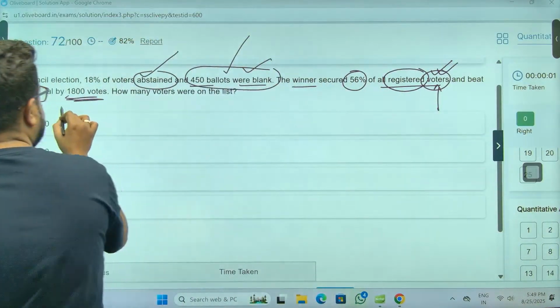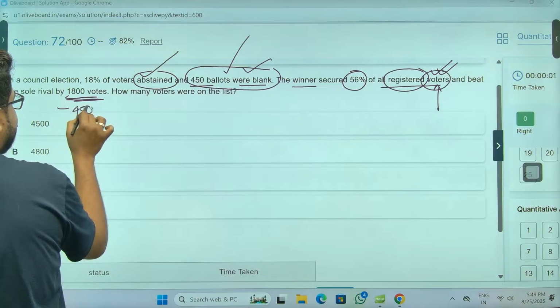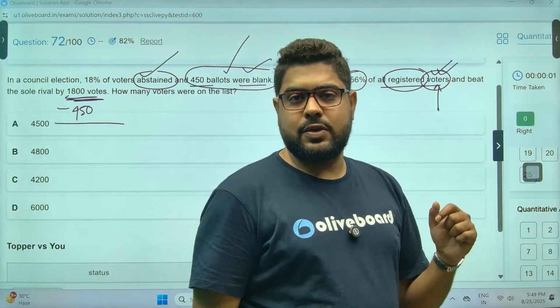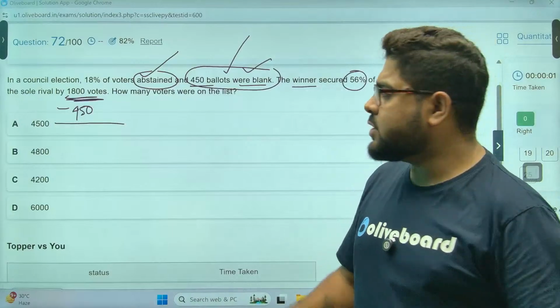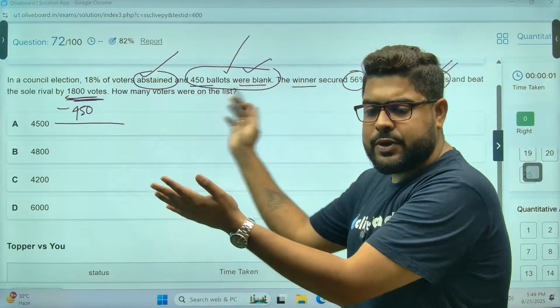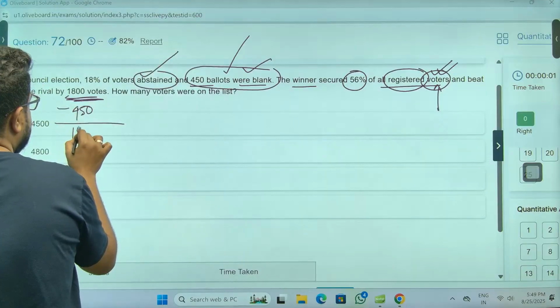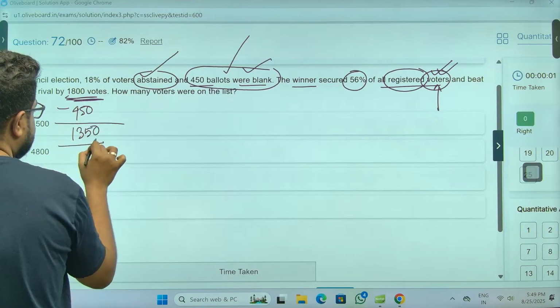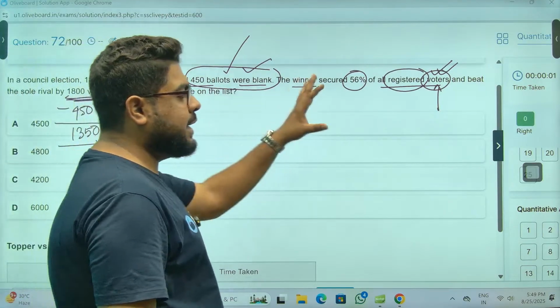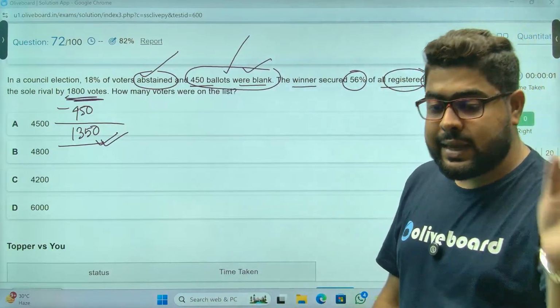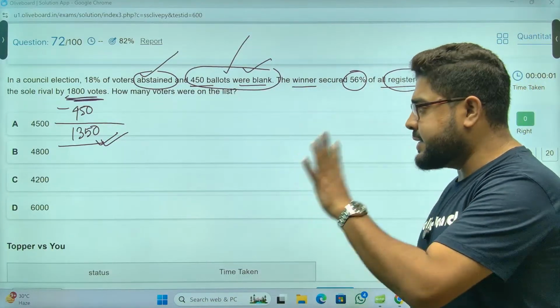You can subtract 450 from here, because we are talking about total voters, so it will count for both the parties. So you can cancel it right off the bat. So you will say 1350 voters. So the winning candidate got 1350 more votes. Think like this. This is the easier way to think.